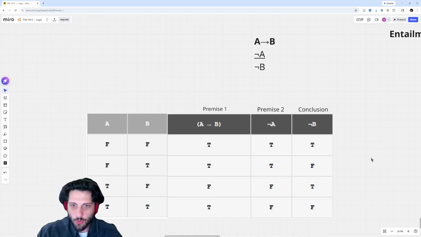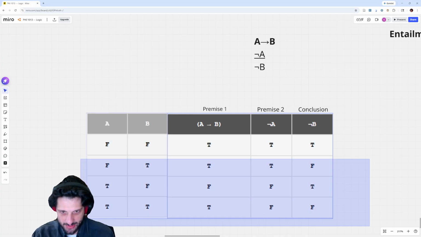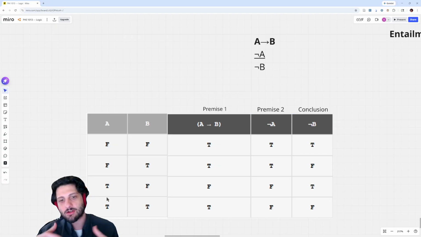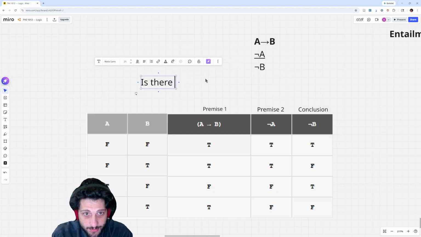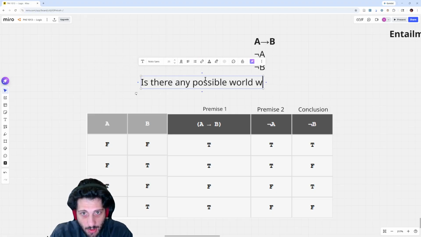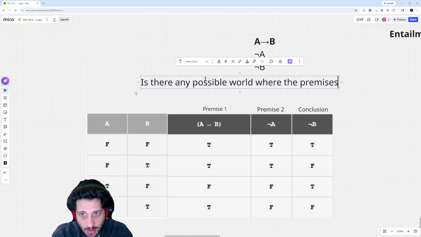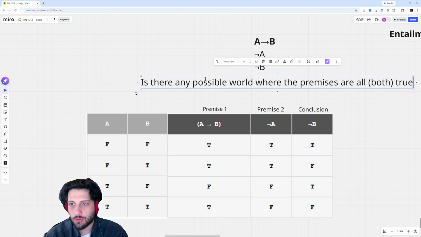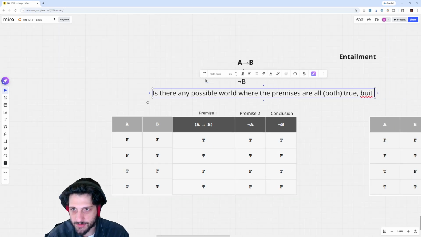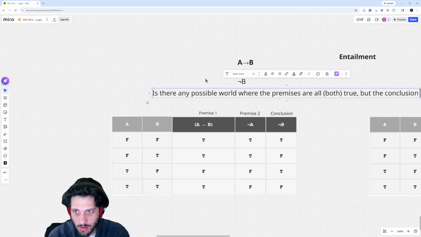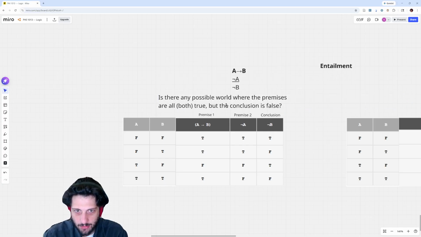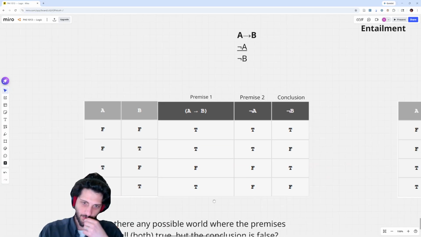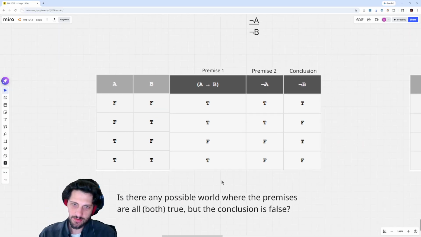So the idea is we want to look through each of our 4 possible worlds and try to find, is there any possible world where the premises are all, as in both here, true, but the conclusion is false? That's what we want to ask right now. Are there any possible worlds where the premises are true, but the conclusion is false?